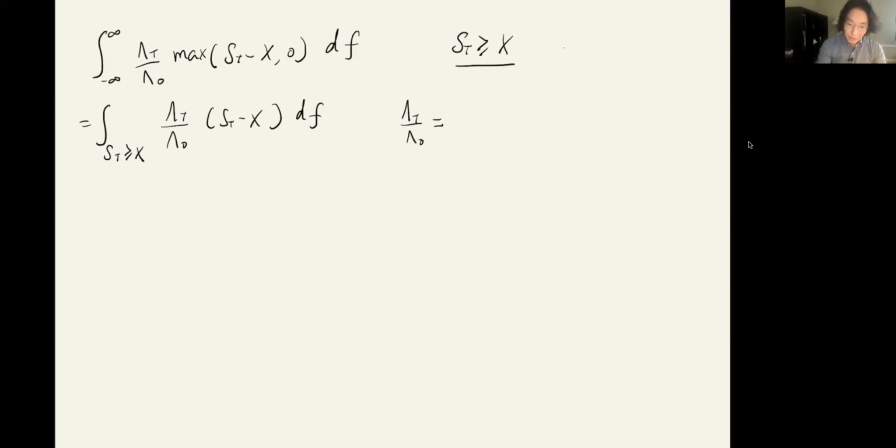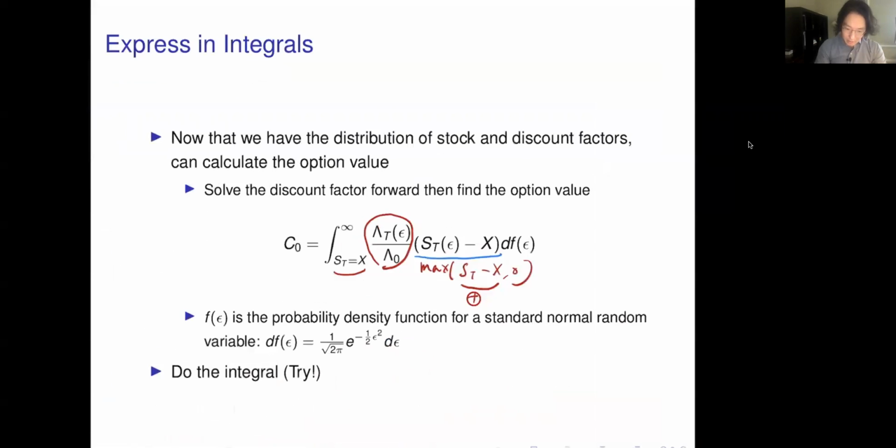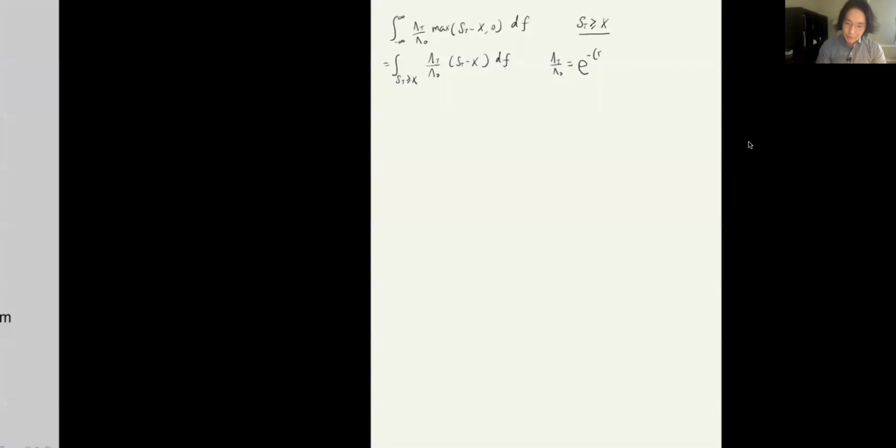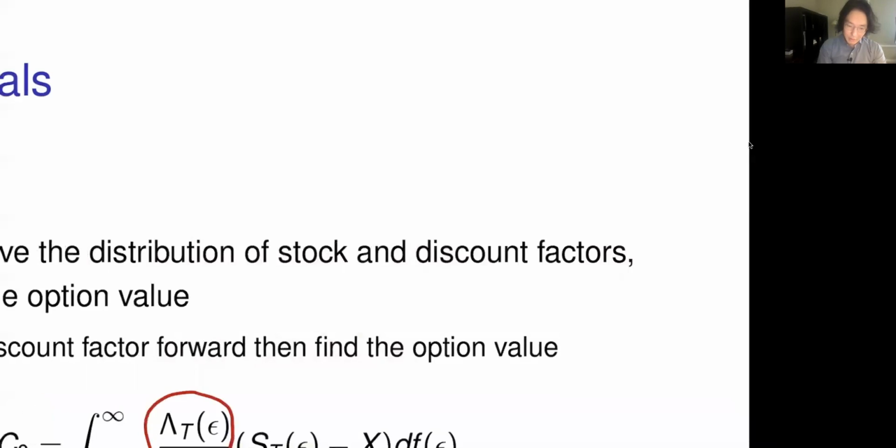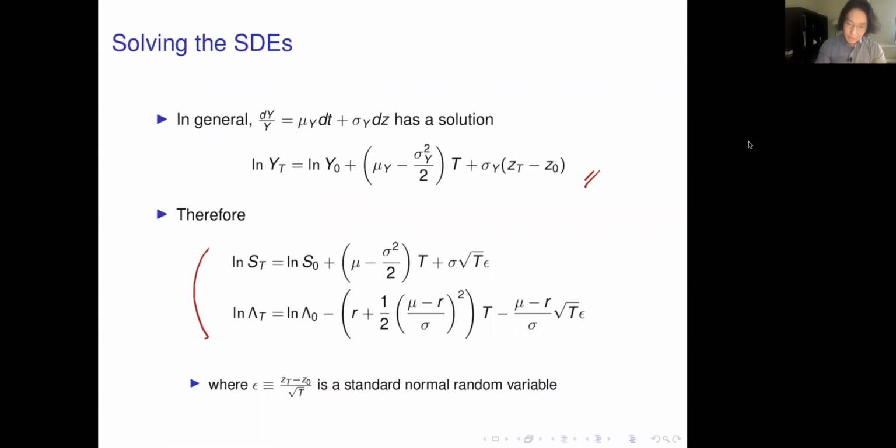The distribution of the stochastic discount factor is e to the negative r, what was it? Let me just copy it.